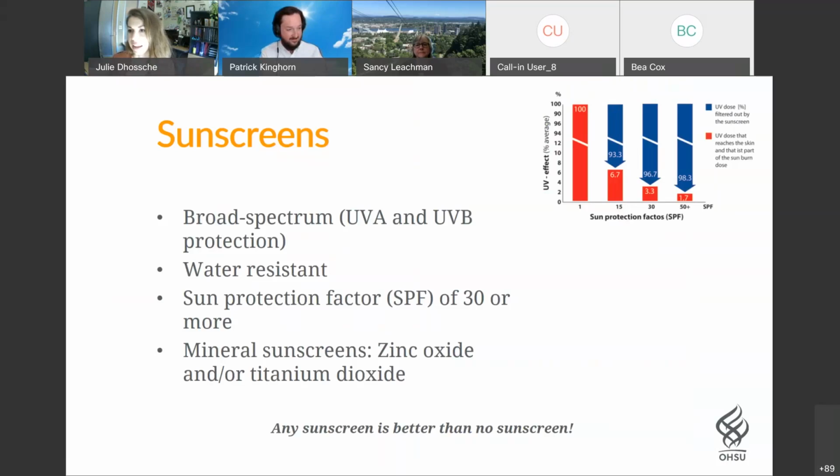So 50 is about 98%. So you may consider that, especially if you've had a history of skin cancer. And then we like mineral sunscreens the most, I would say. These are ones that contain zinc oxide or titanium dioxide, and I'll explain why that is.